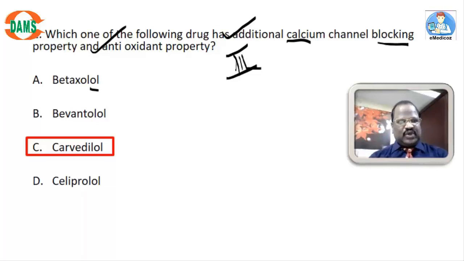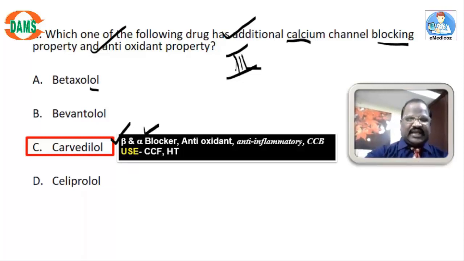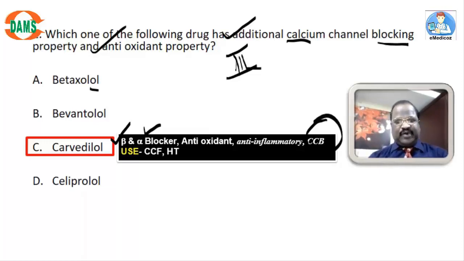So we should know the properties of carvedilol. Remember, carvedilol, a beta blocker, additionally has alpha blocking property, antioxidant property, anti-inflammatory property as well as calcium channel blocking property. It's a very important drug.